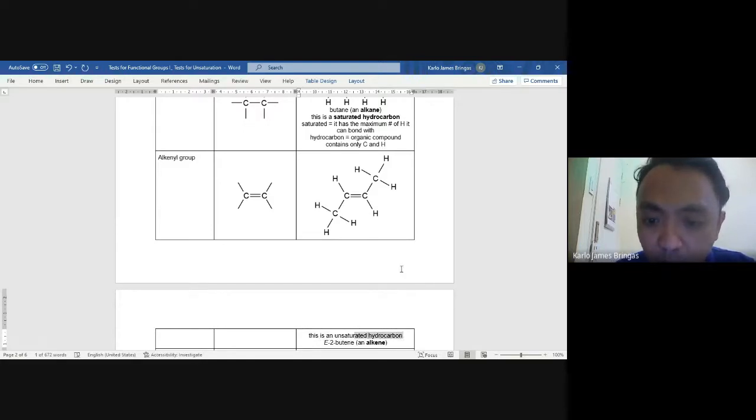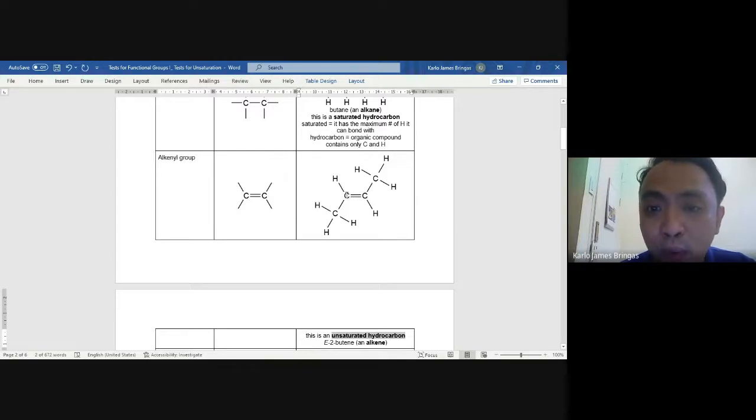Hydrocarbon pa rin siya because, again, as you can see, in this Lewis structure natin, there are only hydrogens and carbons present. However, unsaturated na because itong carbons natin sa gitna, it doesn't contain the maximum hydrogens na possible yan na makabond with.